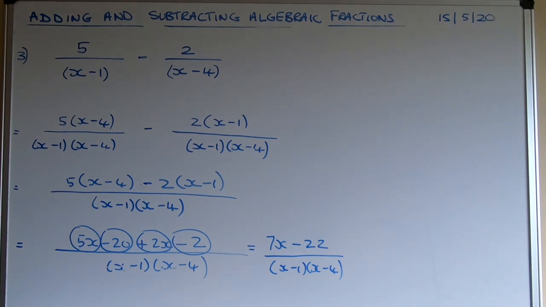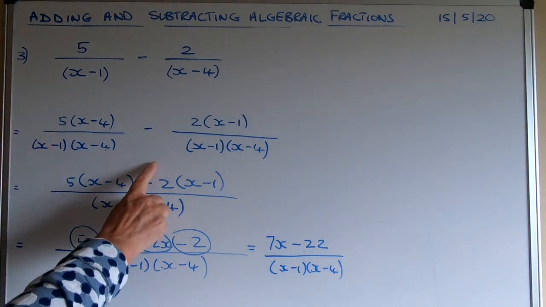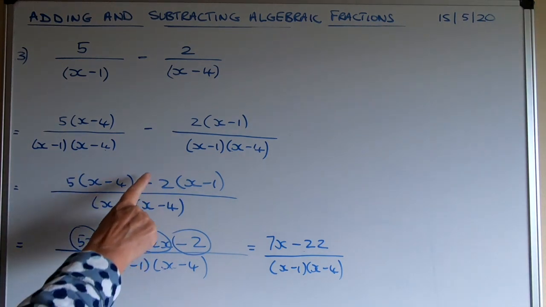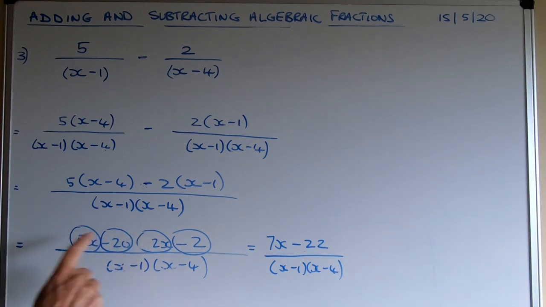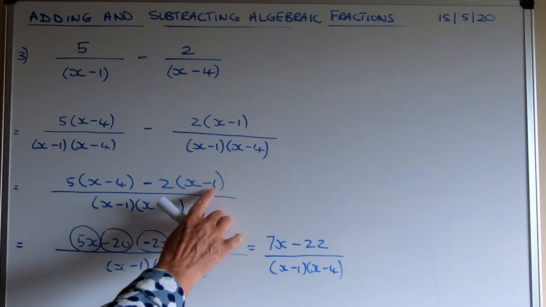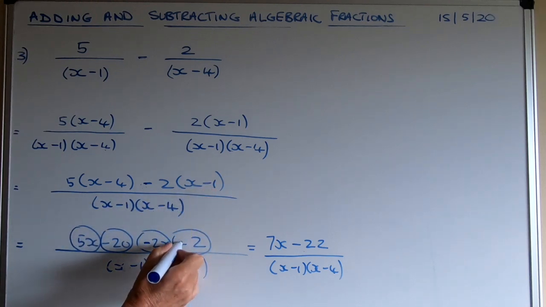Again, this is still right here, but when I get to this stage, this is important, so you have to be really careful. If it was a subtraction, that would become minus 2x, and that negative 2 times negative 1 would become plus 2.